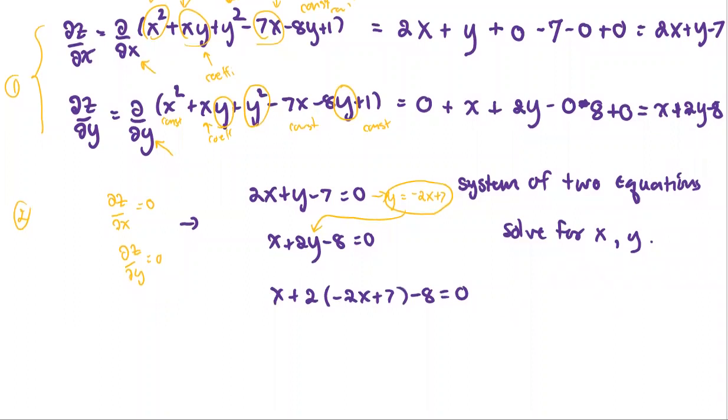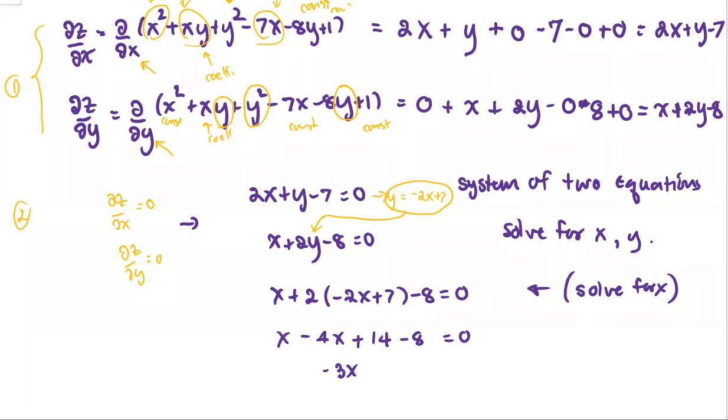Right now, you have an equation involving only x. In this step, we solve for x, because y is already gone at the moment. To solve for x, just expand everything out. You have x minus 4x plus 14 minus 8 equals 0, to get negative 3x.